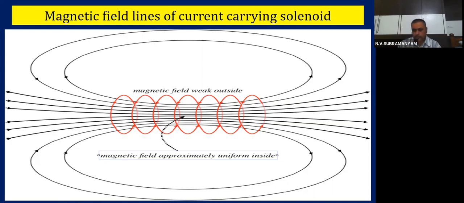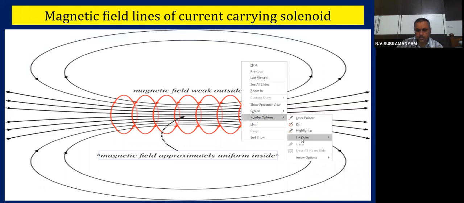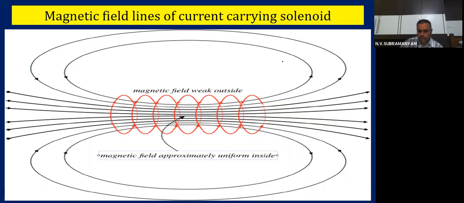That means, I will just mark for you so that the direction is clear. At these points, the current is coming outside. At these points, the magnetic field is coming outside, whereas at these points, it is going inside. So this is inside.